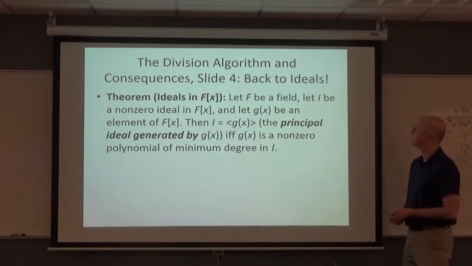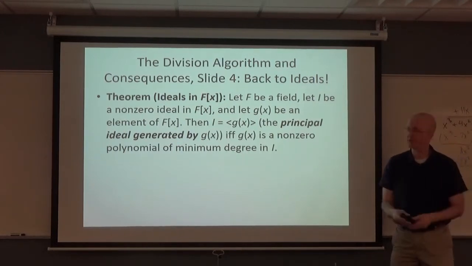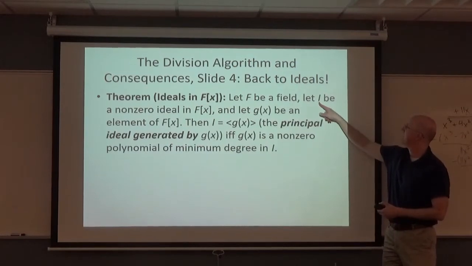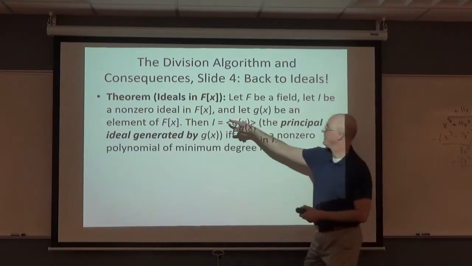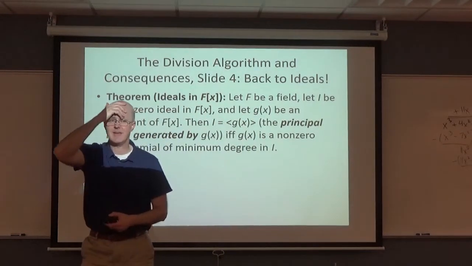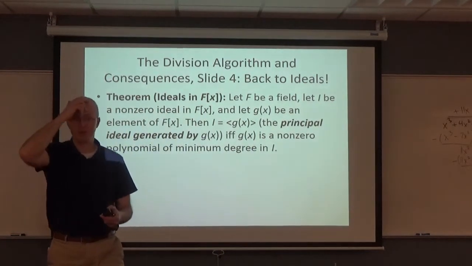Let F be a field, so this is our coefficient ring, which is a field here. Let I, that's an I there, be a non-zero ideal, non-trivial ideal, I could have said, in a polynomial ring. What is an ideal again? Ideals are subrings with an extra property. They are super closed, I call it.